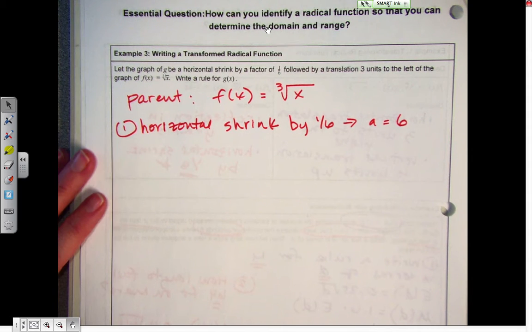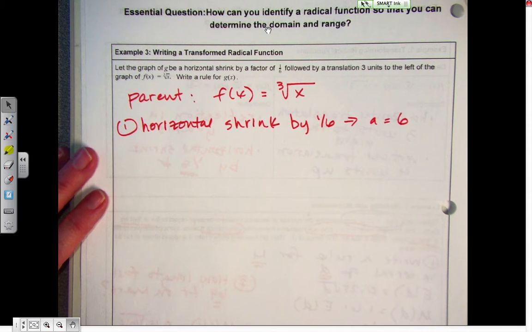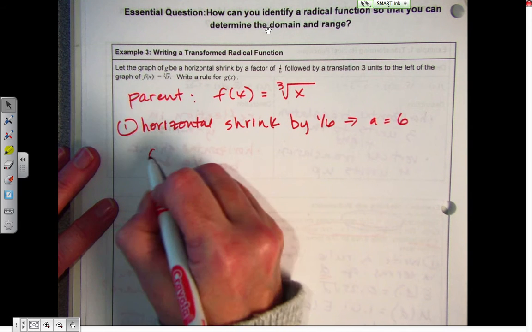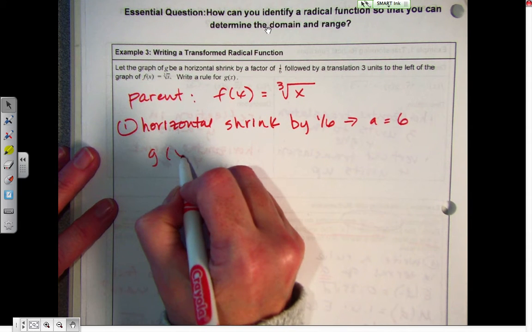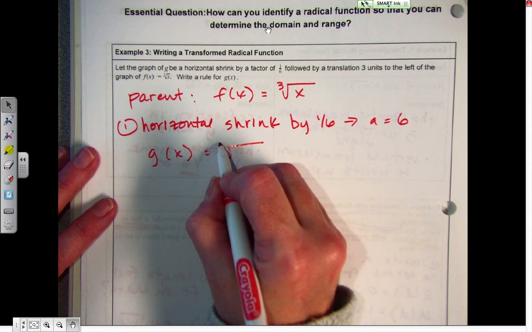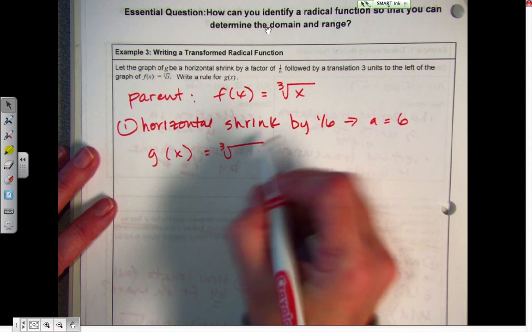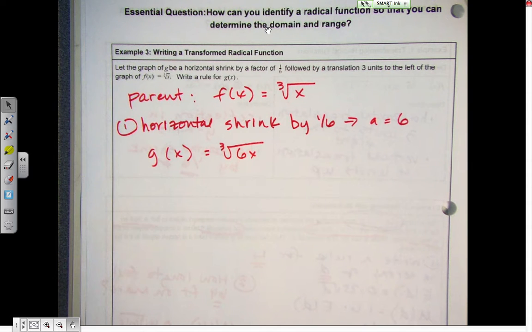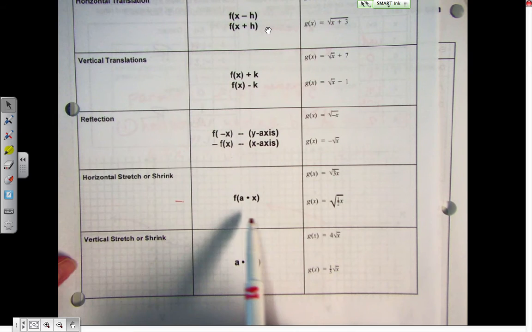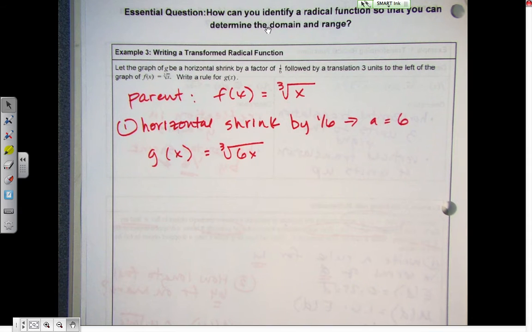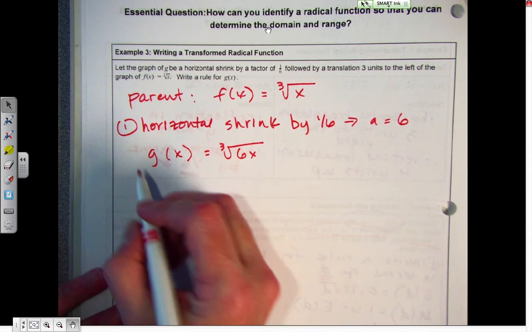So g of x then starts to become the cube root of, and the 6 goes under, based on horizontal goes under. So we have the cube root of 6x.